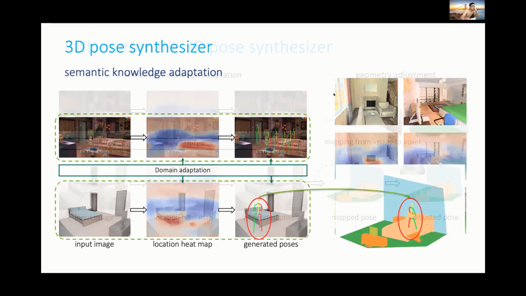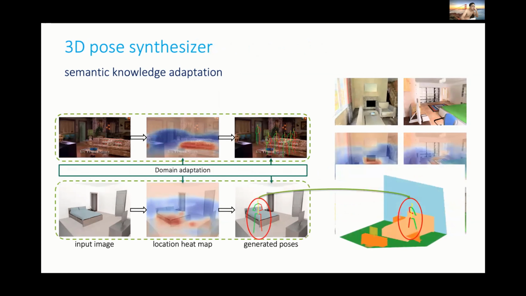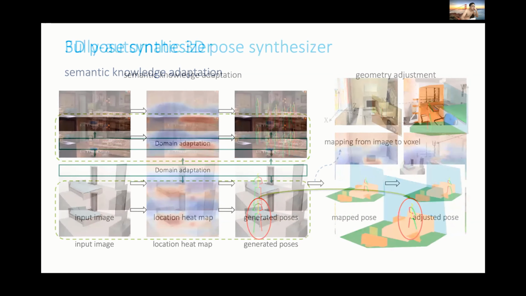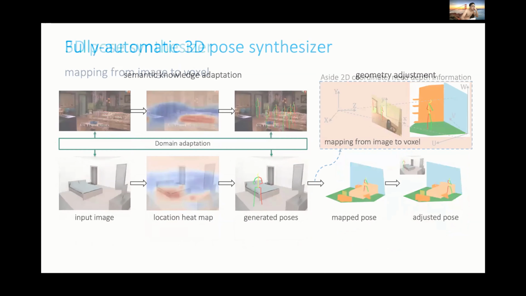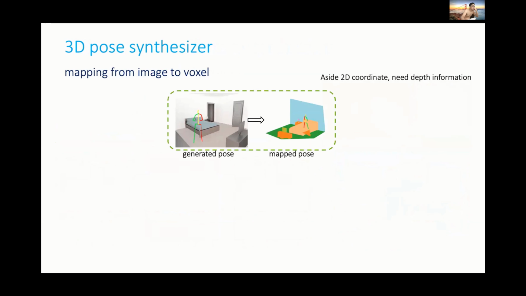And then we can bring a person from the 2D scene to the 3D world. With a camera parameter provided by some data set, we will be able to project the person from 2D to the 3D world. However, we also need to have depth in order to map the 2D pose to a voxel world.